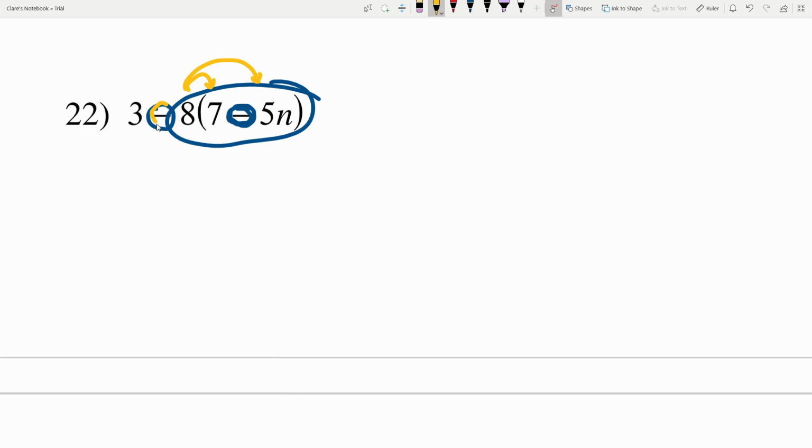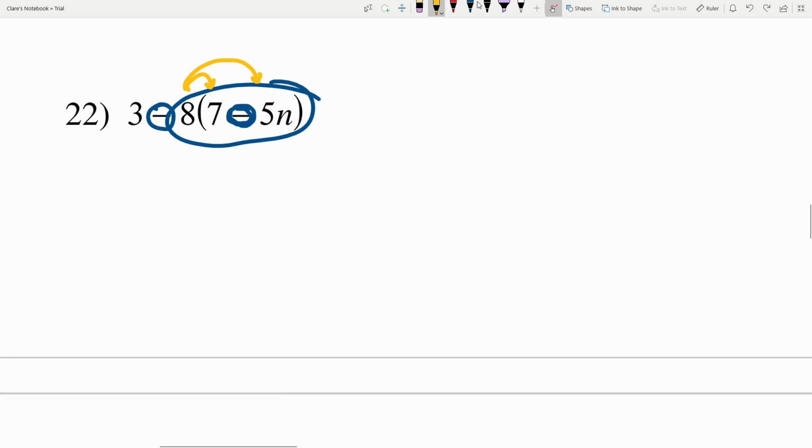So think about this as negative 8 times 7, which will give us a negative 56, which will still be subtracting a 56. And then negative 8 times 5n will be plus a 40n. Because if we're subtracting 8 times 5n, that 40n is already subtracted, so subtracting a negative is the same as adding a positive.